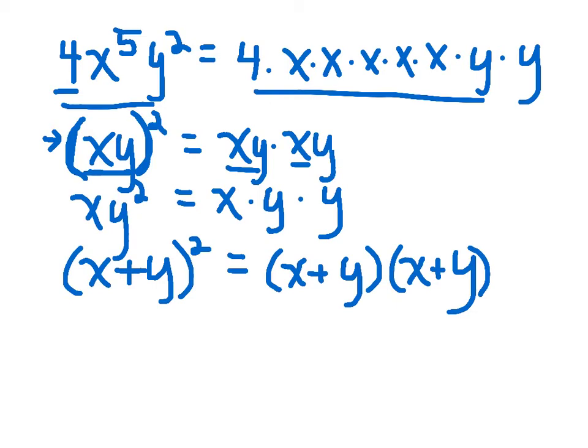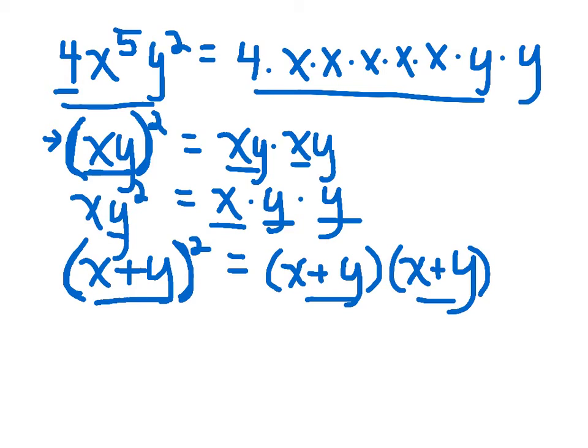Xy squared, when there are no parentheses, means that just the y is being raised to the second power. So if I open that accordion, it's x times y times y. And similarly, if I open this accordion, the whole thing that's in parentheses is what is being raised to the power.